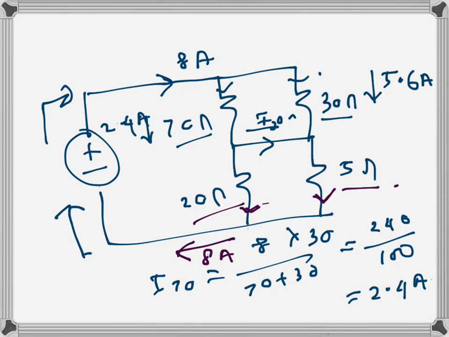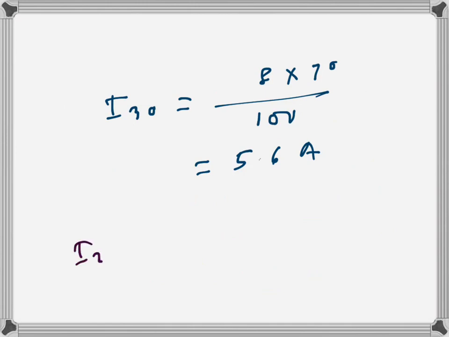So we know this current now, which is 2.4, and if we can find this current, we can just apply KCL here to find I naught.